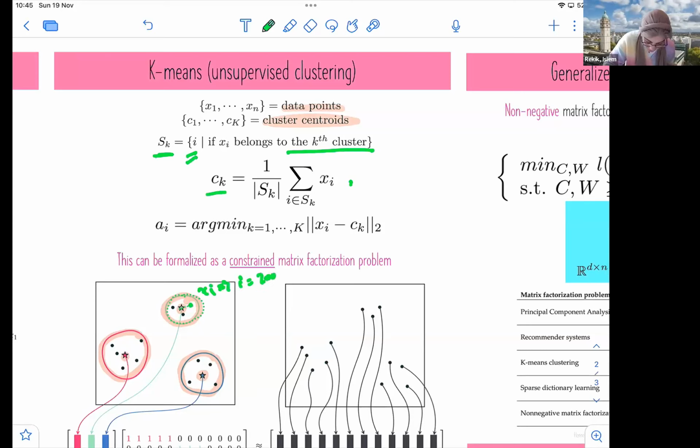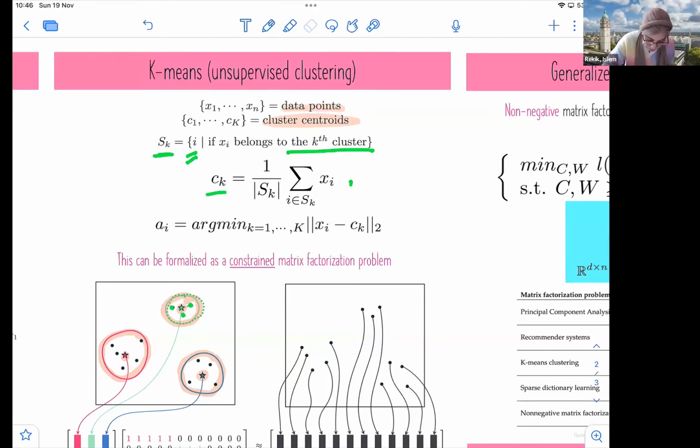So S for cluster, let's call it 1, has the index 200, plus the index, for example, 2, plus the index of this point, 3, for example. Okay, so that's what it means. It's the indices of the points that belong to cluster K.